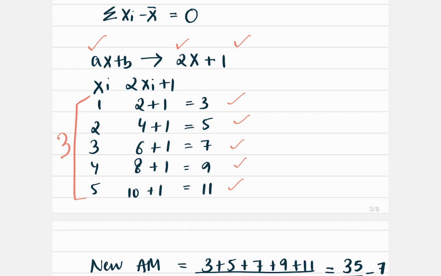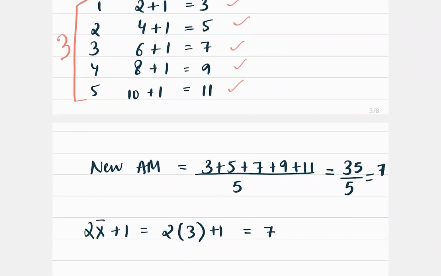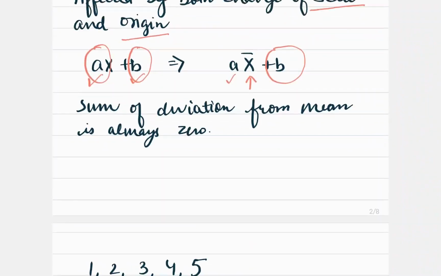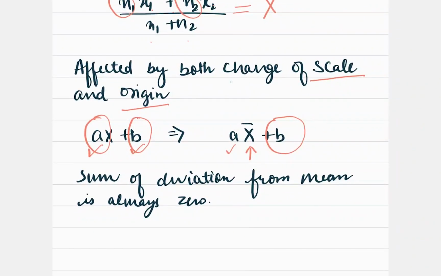However, since there has been a change of scale and origin, the new mean is 7, which can also be obtained if I multiply the prior mean, which was 3, by 2 plus 1, and we get 7. Hence, we just proved that it is affected by both change of scale and origin, and the new mean is simply a times the prior mean plus b.